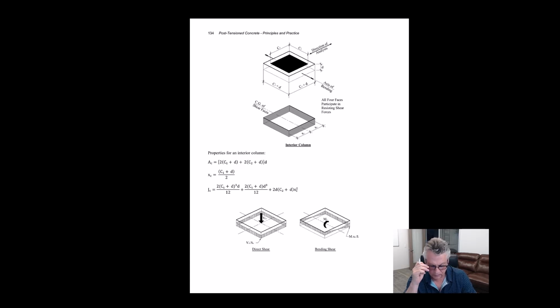So I've gone back to chapter 6 of my own book to refresh you on how this works. Now we're looking at an interior column. We're bending about this axis. So we're bending this way. Because we're in 3 dimensions now, these are the faces that are creating the stress.